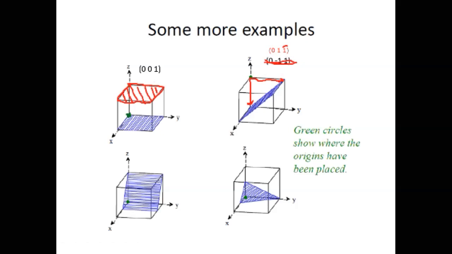So this is the 0, 1, negative 1 reflection plane. Again, x is 0 because if we shift this just a little bit off the axis, you see that it would never cross the x-axis.